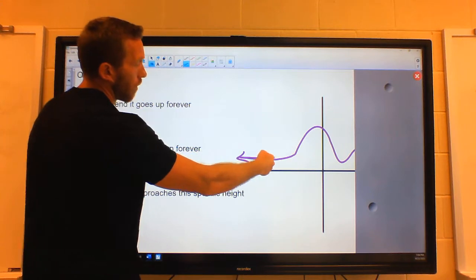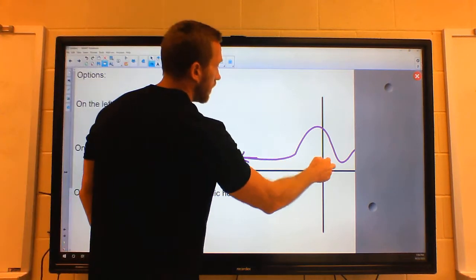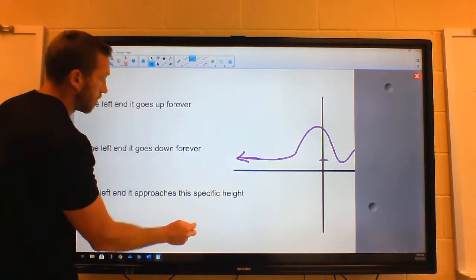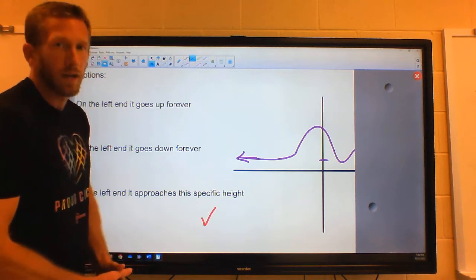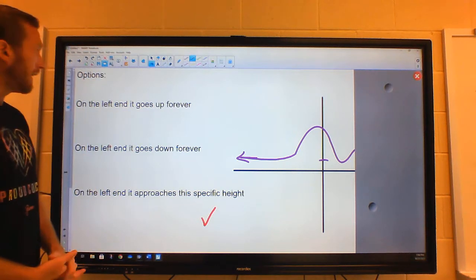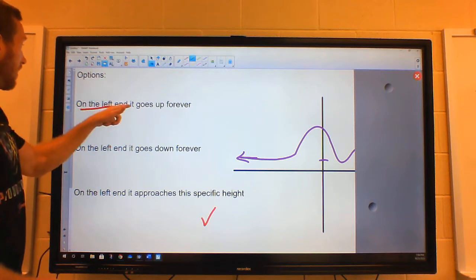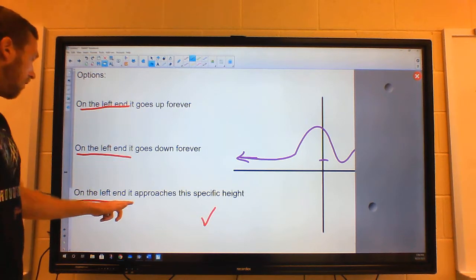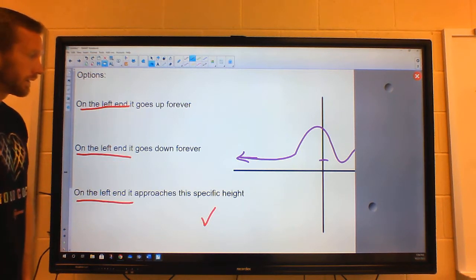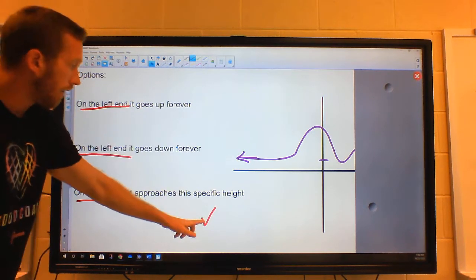So let's say this were to approach a flat height of 1. That would be this scenario. Either way, we're looking on the left end for all of these. Here it approaches a flat line of 1.